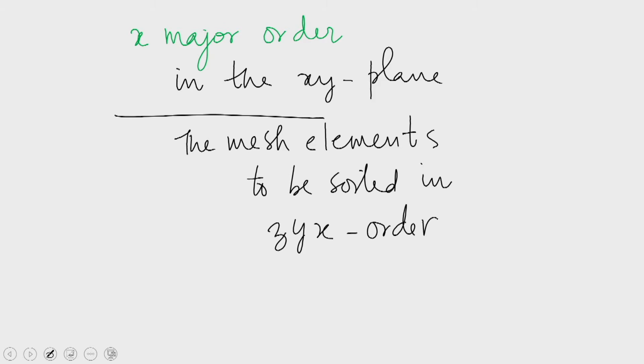What it means is that x is the first major, y is the second major, and z is the third major. In other words, when we look at the elements in sorted order, the x dimension will move first. That is, to find the next element, you should go down the x dimension to the next element. Once the x dimension is exhausted, you should move along the y dimension to find the next. And then once the y dimension is also exhausted, that is, once the xy plane is over, then you should move in the z dimension and go to the next xy plane. So, this is the order in which we want the elements to be sorted.